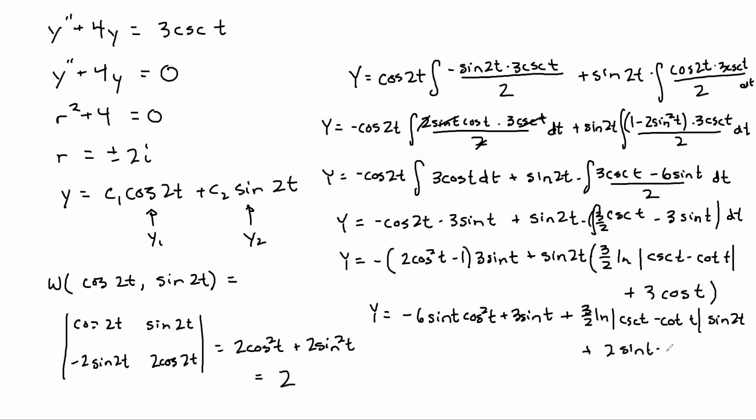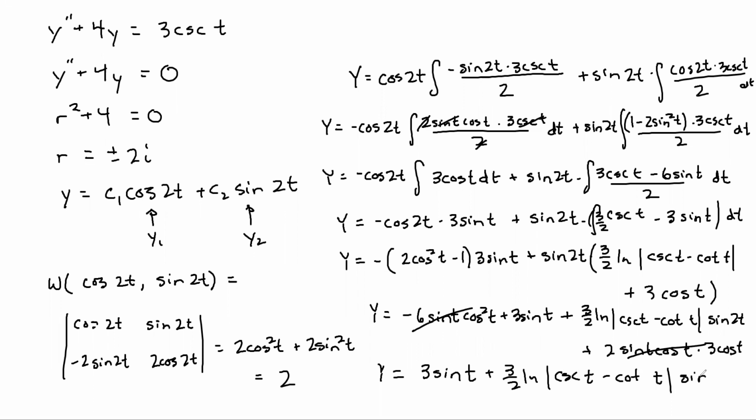So we have 2 sine t cosine t times 3 cosine t. So when I do this times this, I'm going to go ahead and replace it. And if you do that, look what happens. We have negative 6 sine cosine squared, positive 6 sine cosine squared. This cancels with this, and we end up with 3 sine t plus 3 halves natural log cosecant t minus cotangent t times sine 2t.